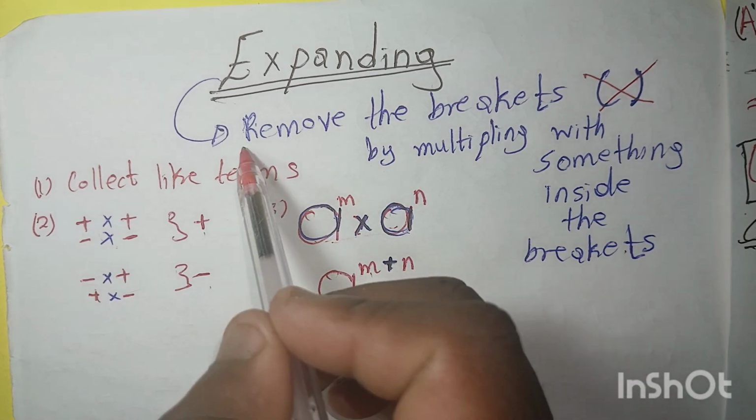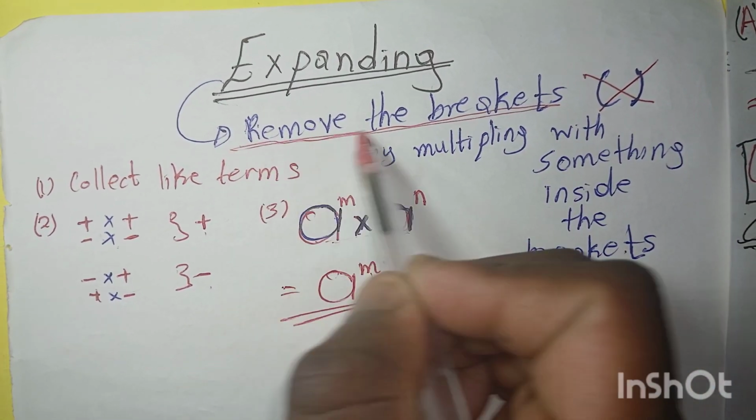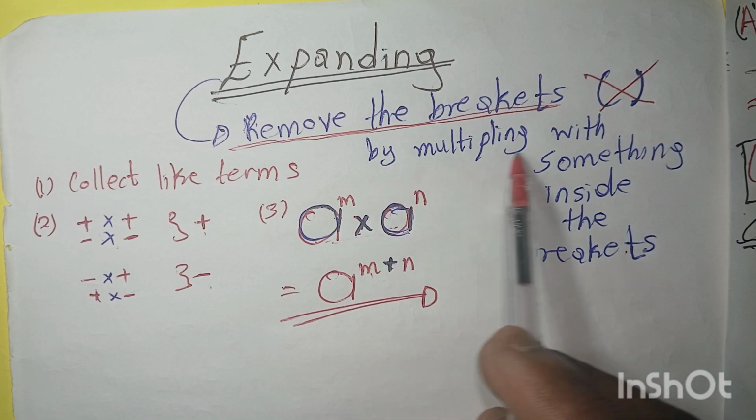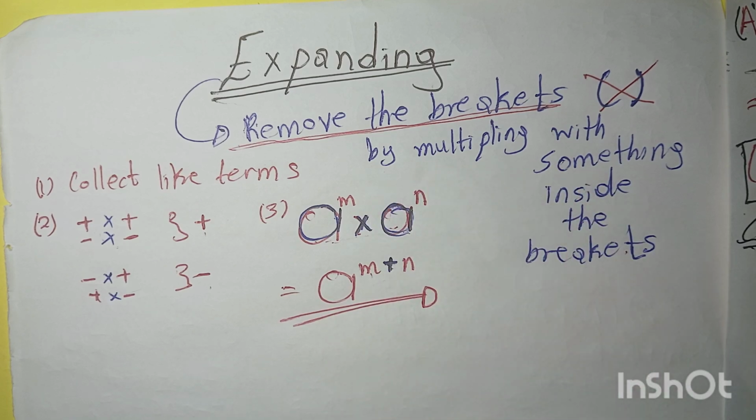The key thing here, just know that when you expand, you are removing the brackets. All the other stuff is to help you understand multiplying with something inside the bracket.